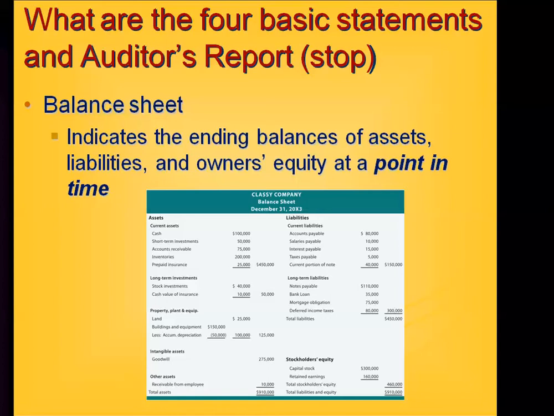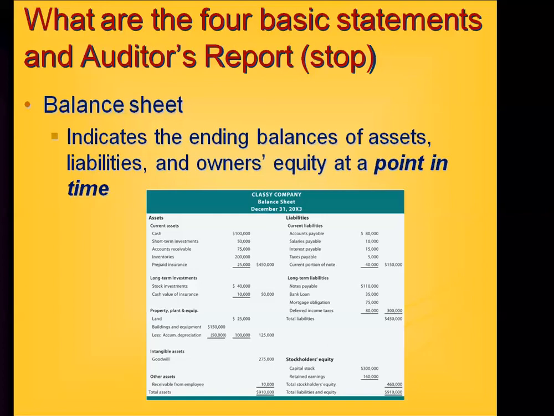Now, the reason this is so important is it reflects essentially what the business is doing from an asset standpoint, meaning assets are things that you own and can use to make money in your business, as well as from a liability standpoint, which, as we talked about before, is primarily obligations you have to pay people.